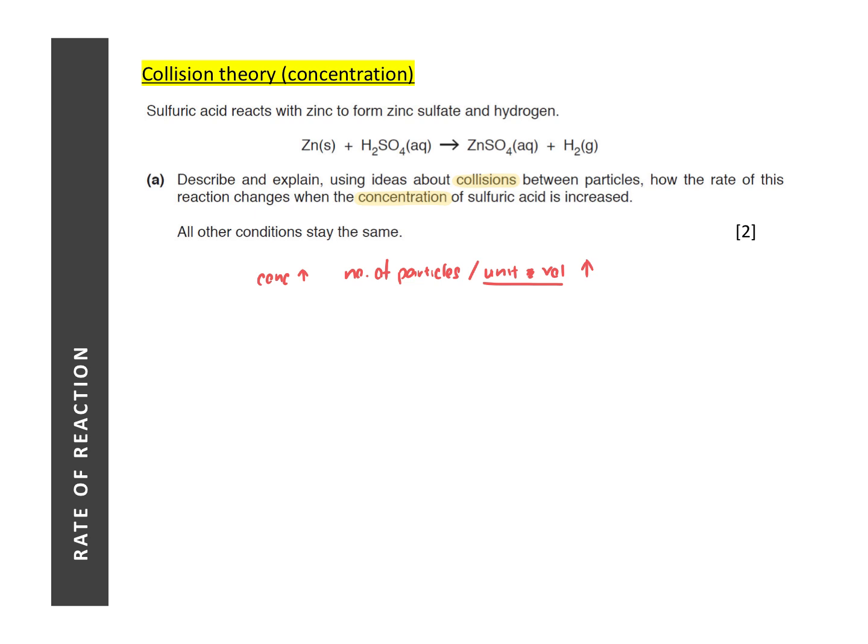So you have to say number of particles per unit volume increases. That means that the particles are closer together, and what happens is that your frequency of collisions would increase. And when your frequency of collisions increases, your frequency of effective collisions would then also increase, and therefore your rate would increase.